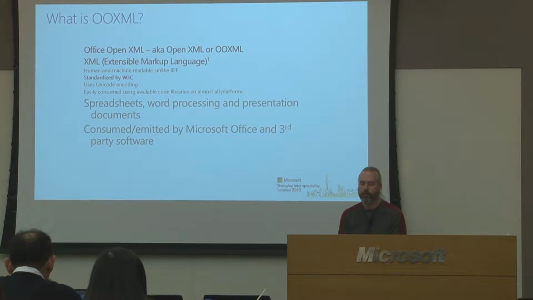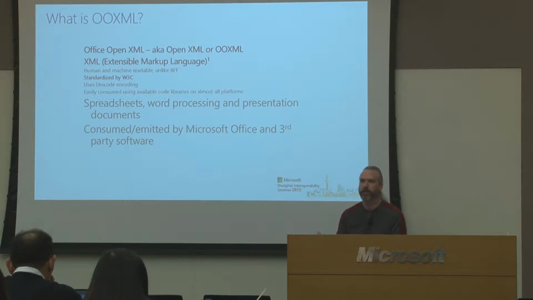So OOXML can be used to represent spreadsheets, word processing documents, and presentation documents. And these can be consumed by both Microsoft Office as well as third-party software. Just a note here that OOXML is the current Office format. As you'll see in the coming slides, after we talk about the history, we'll talk about the current support level.